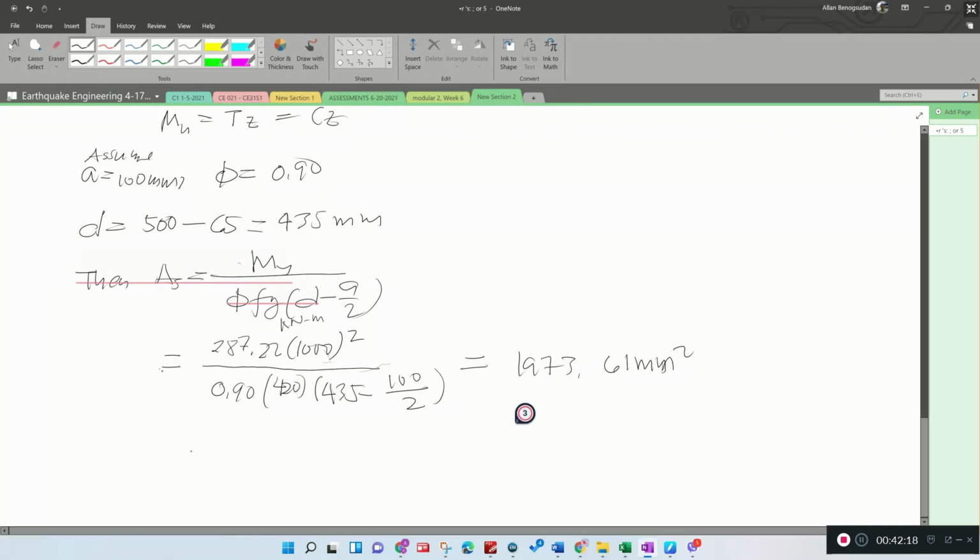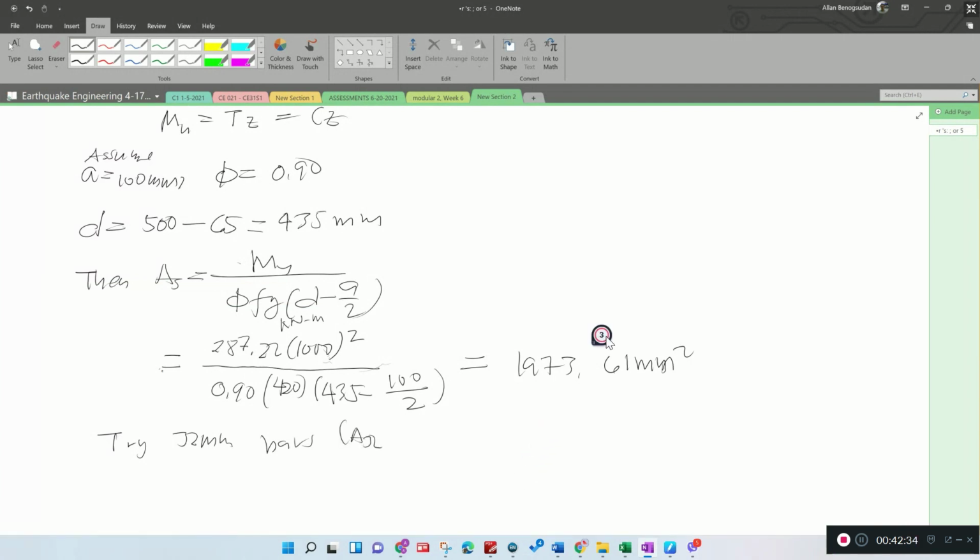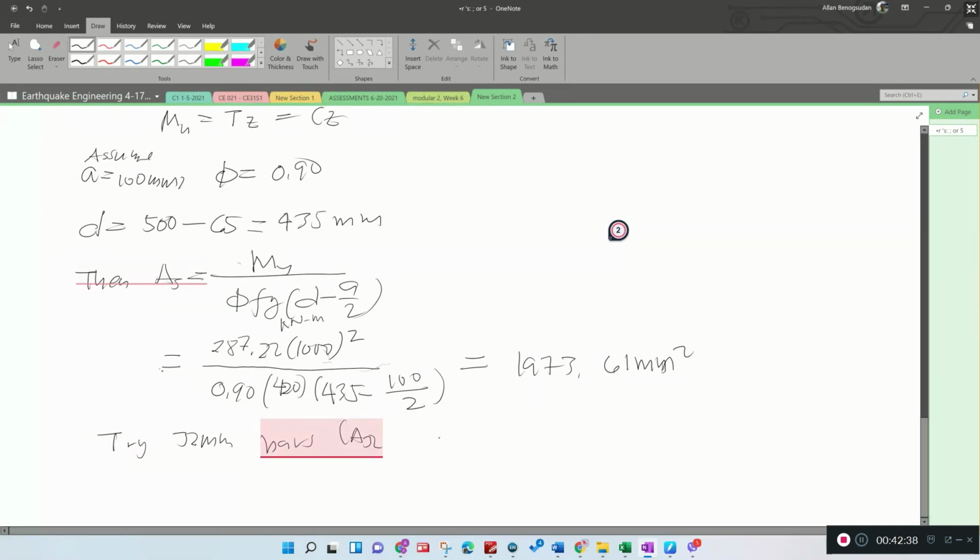So let us try 32 mm bars. Its As is 832, which I got earlier from the slab table: 32 mm is equal to 804.25 mm squared.